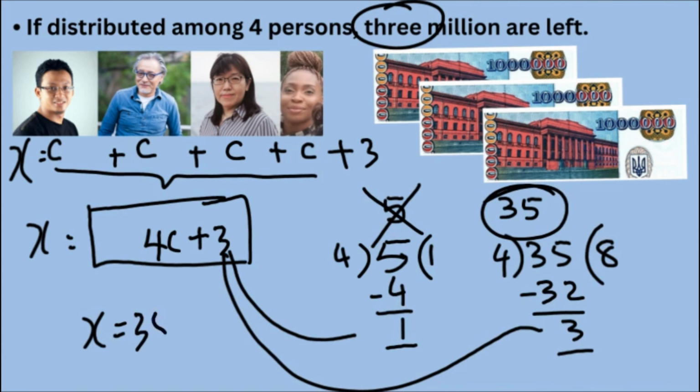X is 35. So the total amount given away by Mr. Ray is 35 millions.